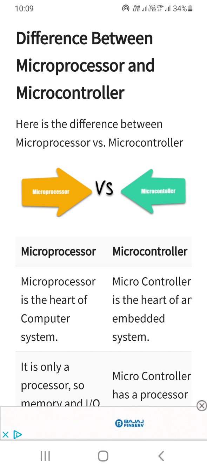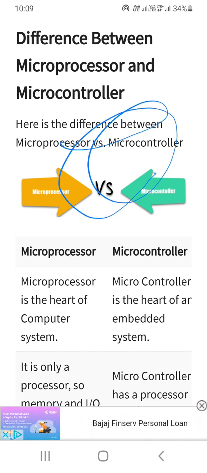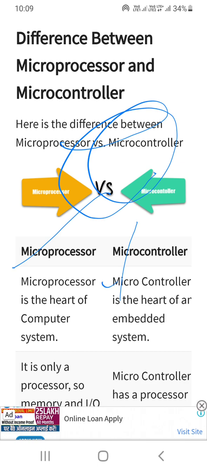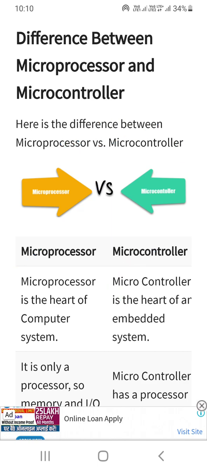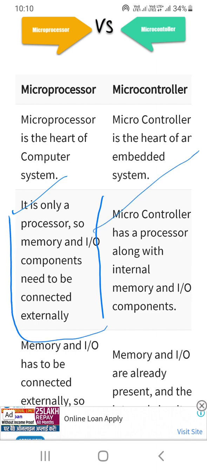Our main focus is understanding the difference between microprocessor and microcontroller. So let's start with microprocessor versus microcontroller. The microprocessor is the heart of the computer system, whereas the microcontroller is the heart of the embedded system. A microprocessor is only a processor, so memory and I/O components need to be connected externally.